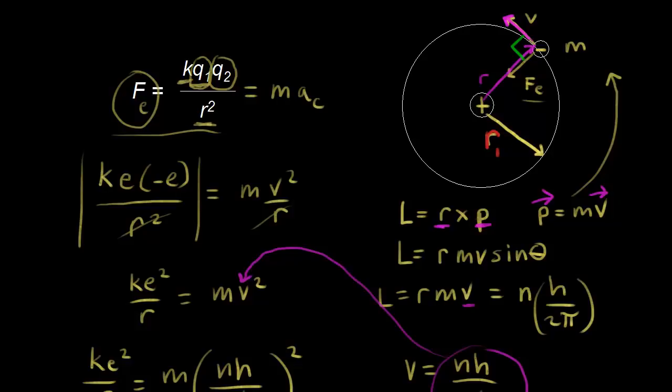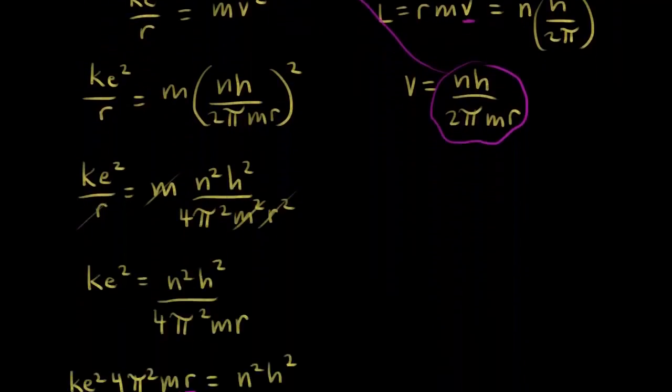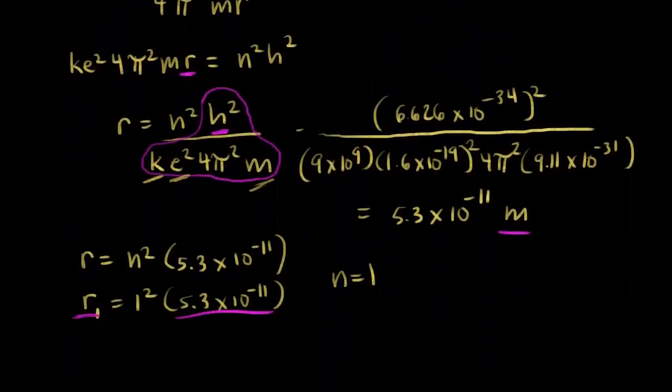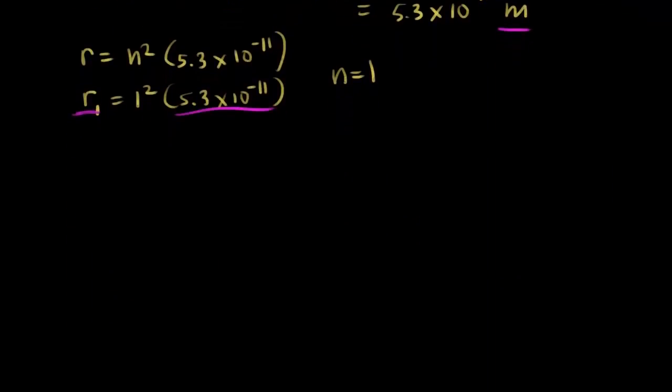The idea of Niels Bohr, by quantizing angular momentum, is that it's going to limit the different radii that you could have. So let's generalize this equation. We could say r for any integer n would be equal to n squared times r1, which we just calculated to be 5.3 times 10 to the negative 11 meters.